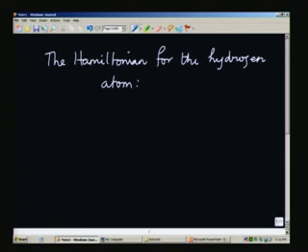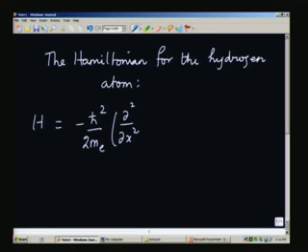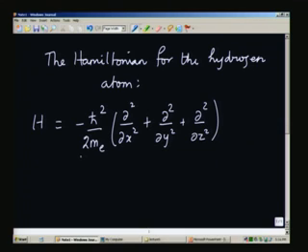If you recall from the previous lecture, the kinetic energy was written as minus h bar square by 2 m e, where m e is the mass of the electron, times the x component of the momentum, minus i h bar dou by dou x, the y component and the z component. The whole of this is the kinetic energy.